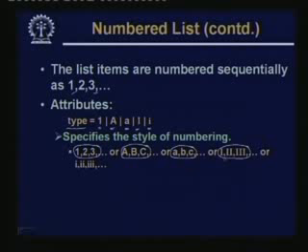So, the numbers will be displayed in Roman 1, 2, 3, 4, and small i is also Roman, but in lower case. So, depending on the style I prefer, I can choose one of these 5 types. Whenever you are trying to create an ordered list or a numbered list, you can also specify the type.